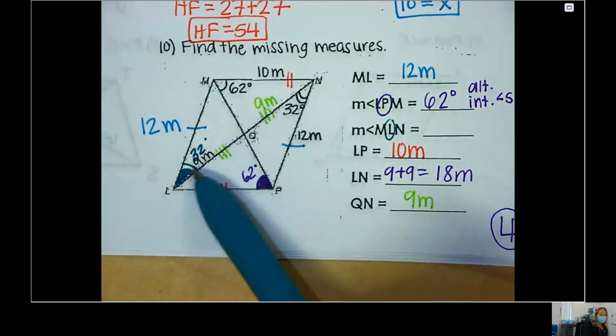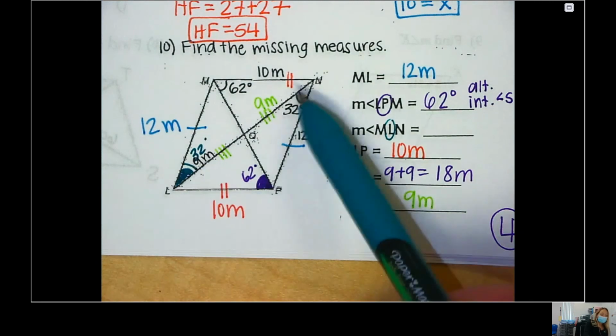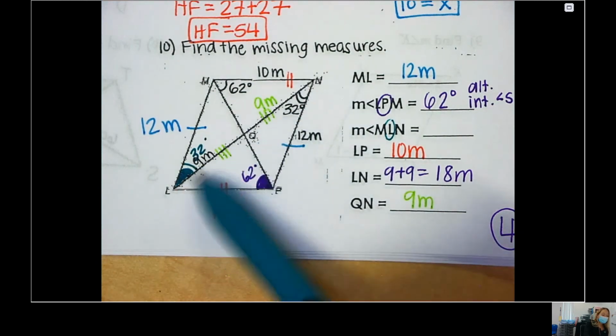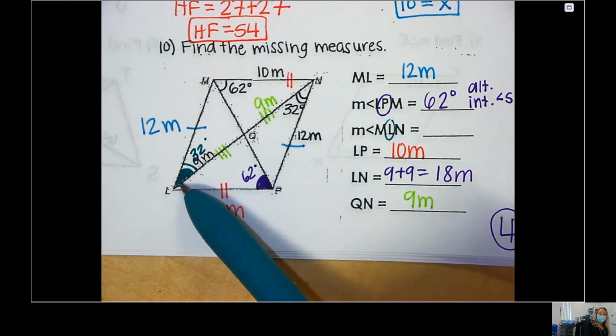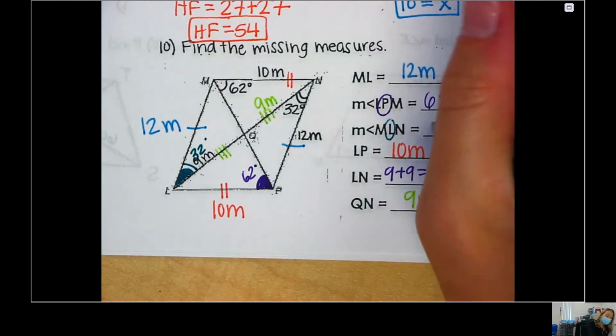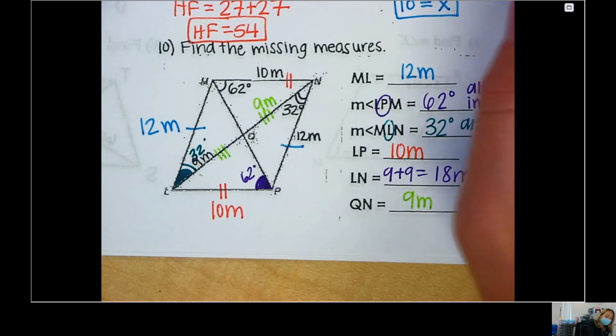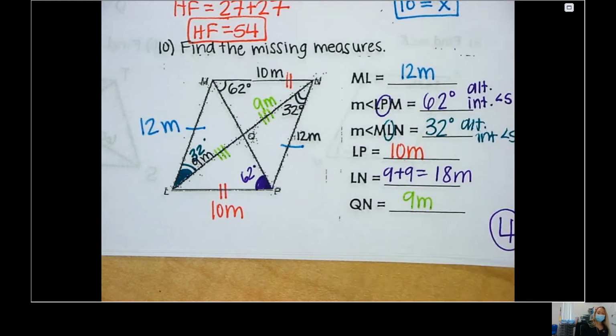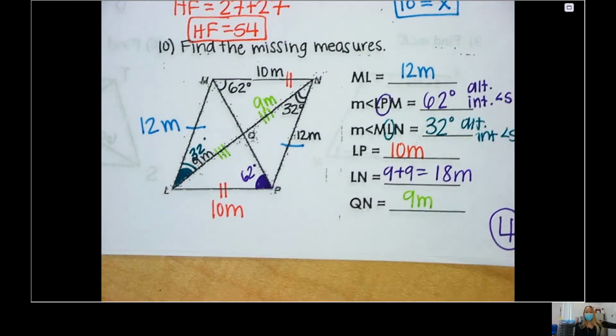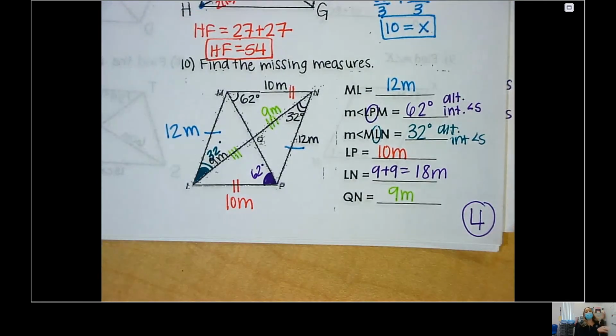Again, are these on the interior or the exterior? Interior. Are they on the same side or alternate sides of this line? Alternate. So again, you have a pair of alternate interior angles. So those angles are probably like the hardest ones out of all of it, but frankly, when it's a parallelogram, if they look the same, they are the same.